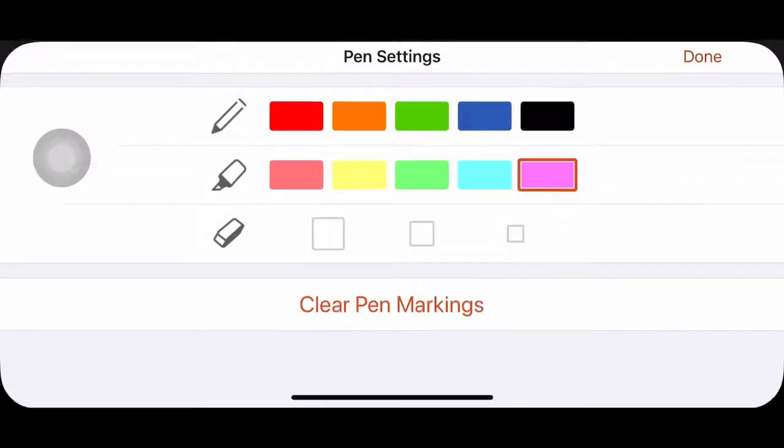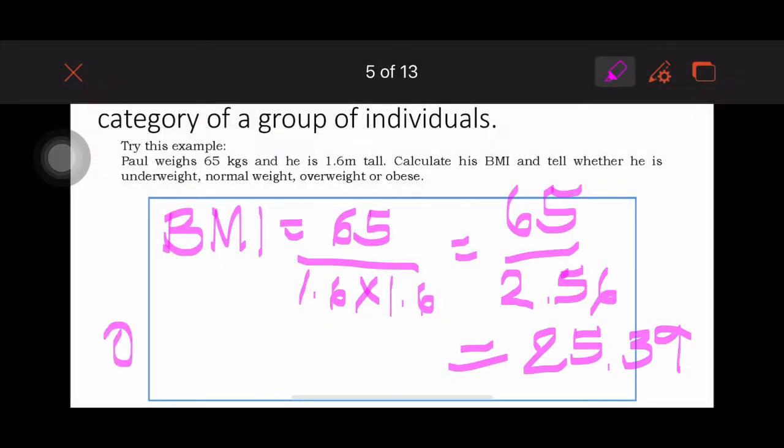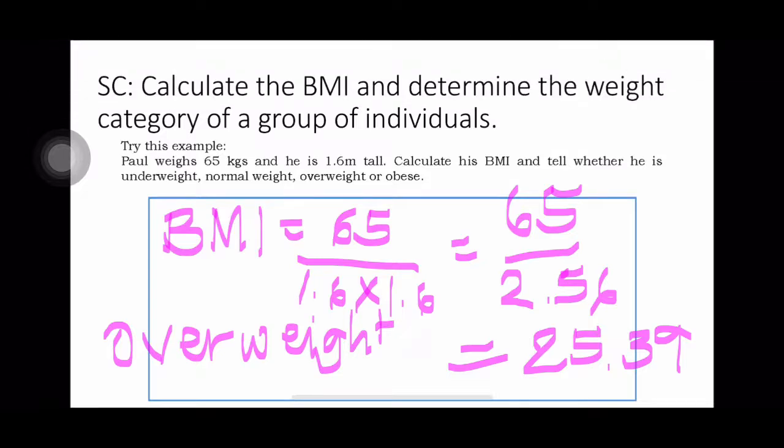We have to write it here: overweight. Did you get the same answer? If not, you can ask me in the private message section of this Teams, or if I'm wrong, you just tell me also. And if you have further questions, you'll ask me there also. So let's move on.